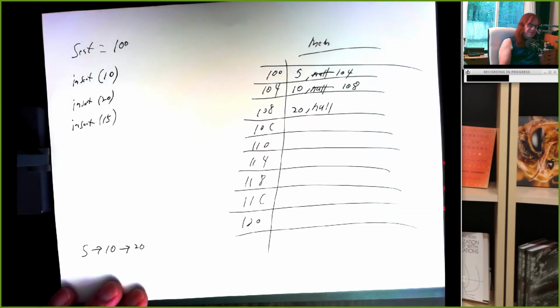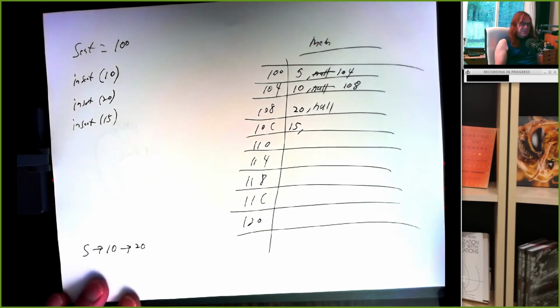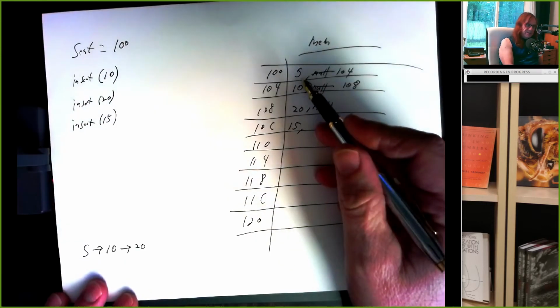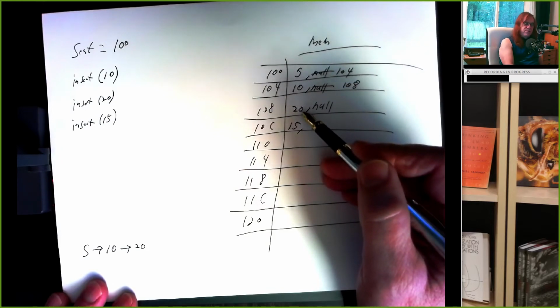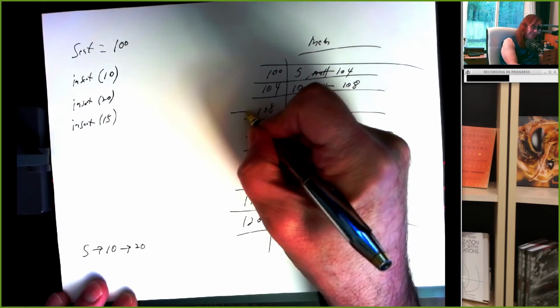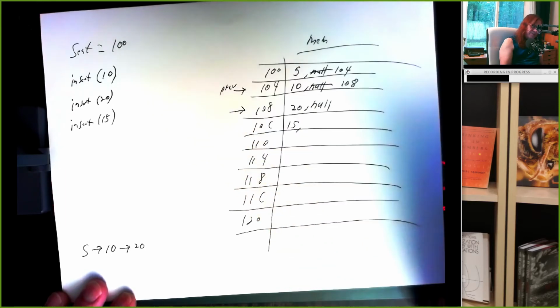Now let's insert a 15. We'll search through. We'll start with our sentinel, which points to 10. 10 is too small. That points to 20. 20 is too big. So we want to insert before this and after this previous node.